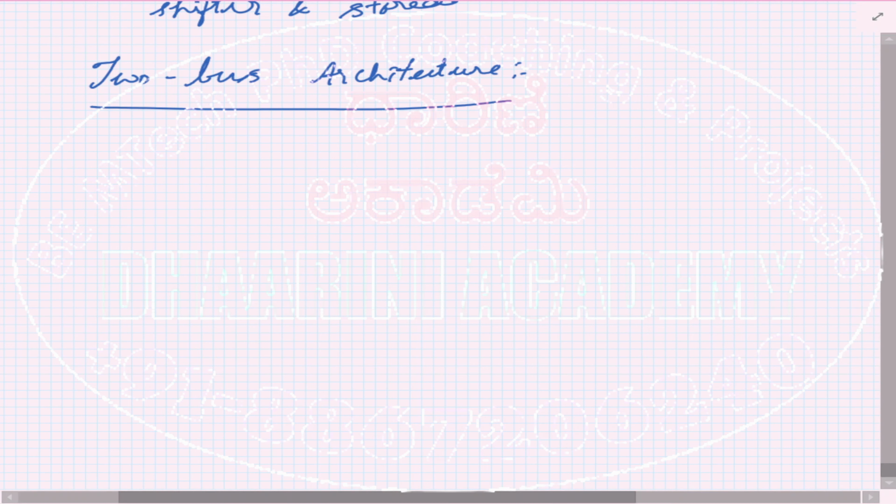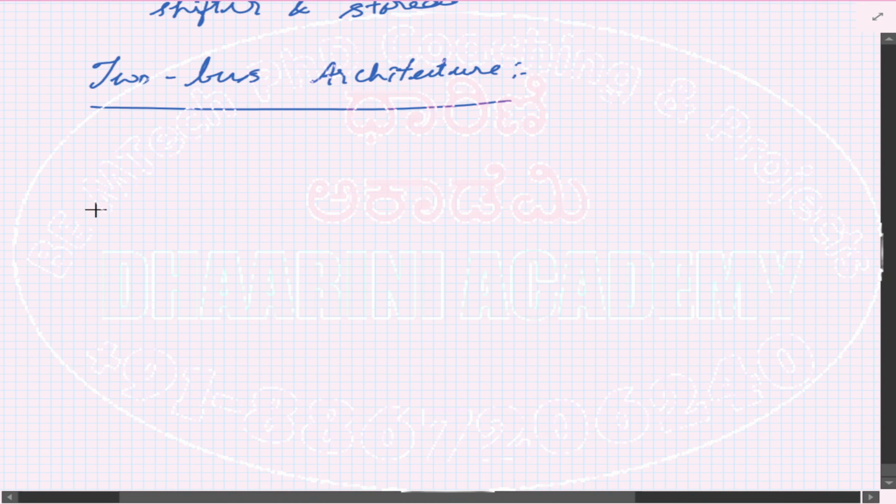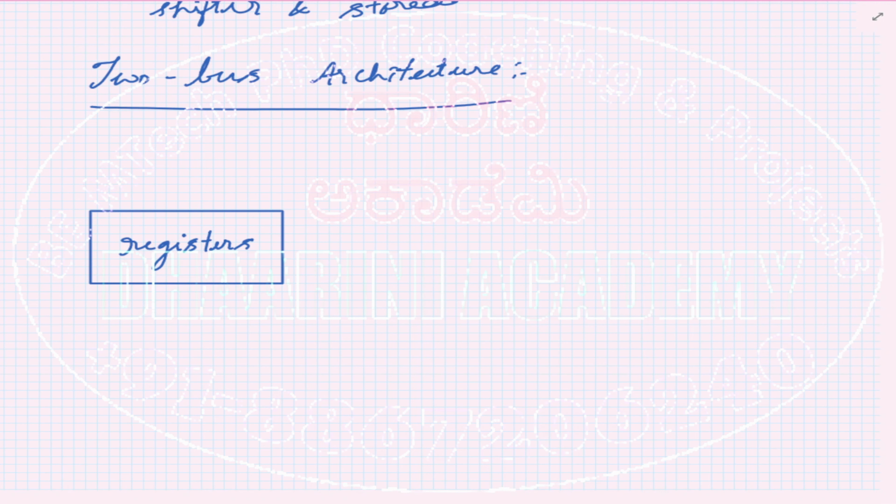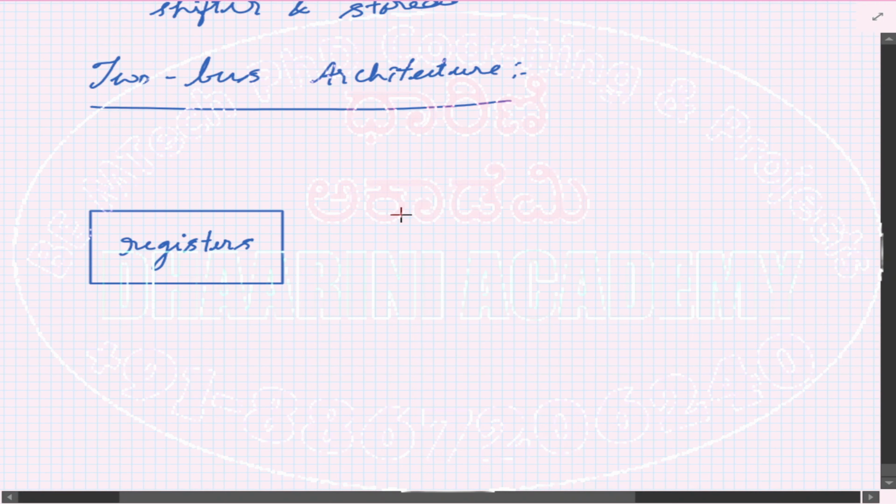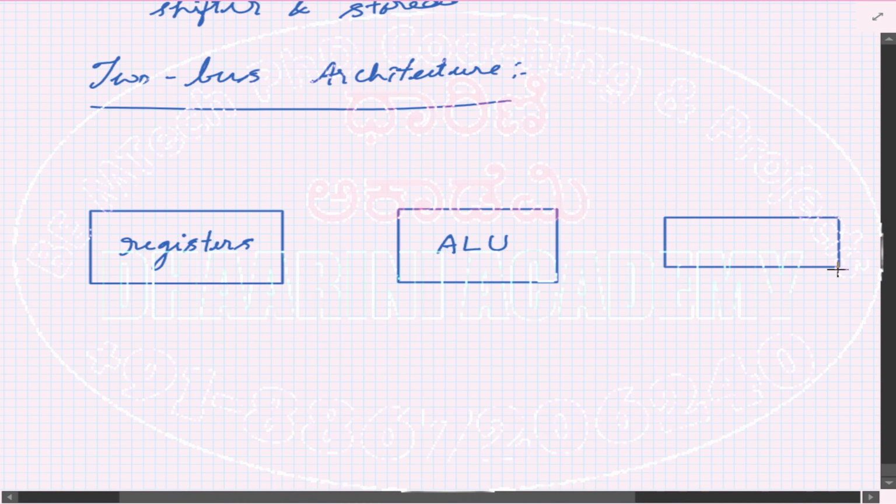To start with, let's consider the same three blocks. Block number one is the registers. The second block is the ALU, and the third block is the shifter.